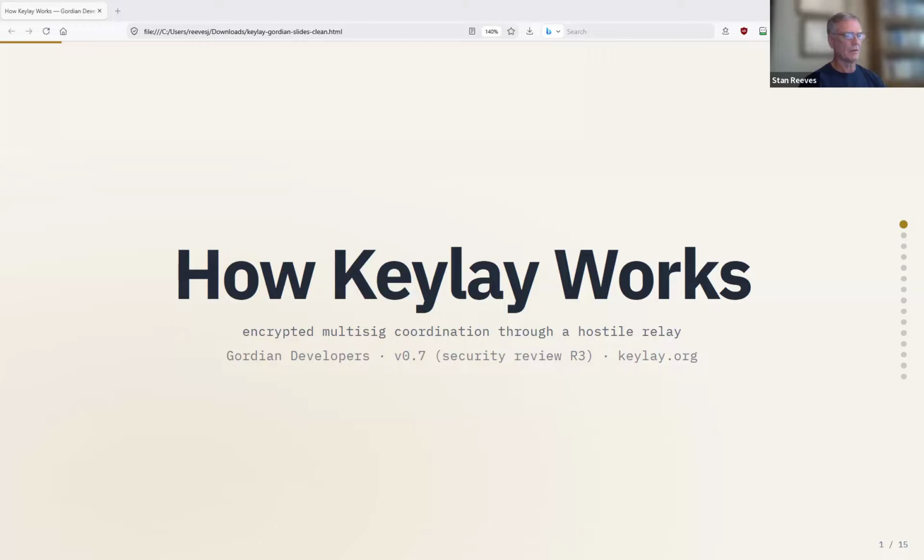And there couldn't possibly have been a better foundation laid this past week, with everything going on with the Coldcard situation, to just underscore how important multi-sig is.